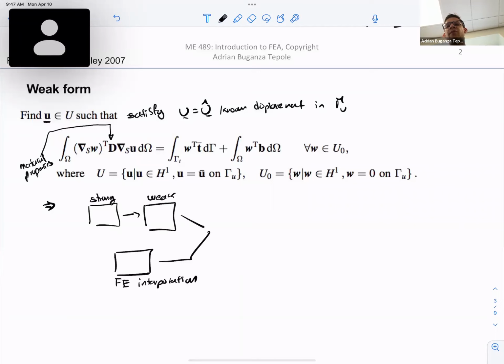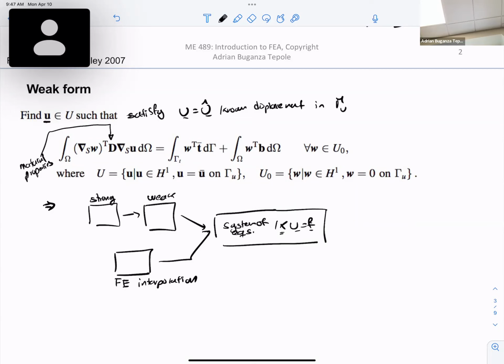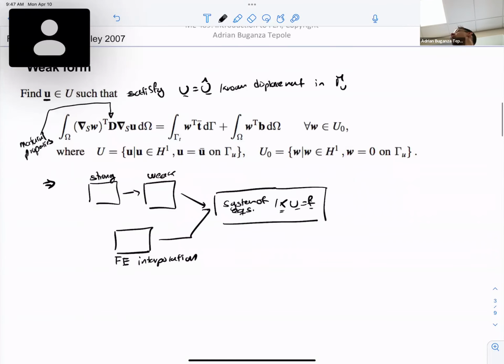And then when you put those two together, you get the system of equations, K U equals F, which is what Abaqus solves, this linear system KU equals F. So here, that's the weak form.